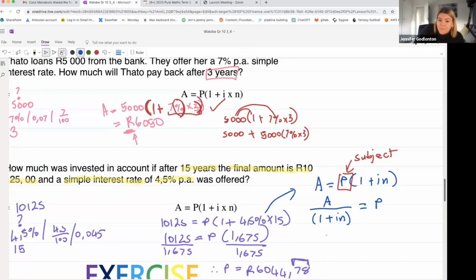So we can say 10125 over (1 plus 4.5% times 15) is equal to P. And then you can chuck it straight into your calculator like that, and you'll get the same answer. But it's up to you.